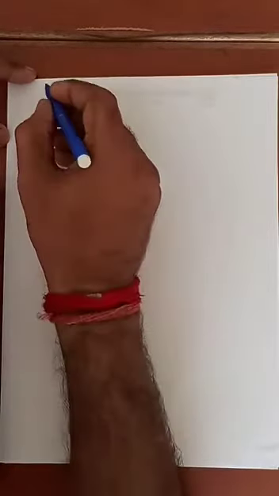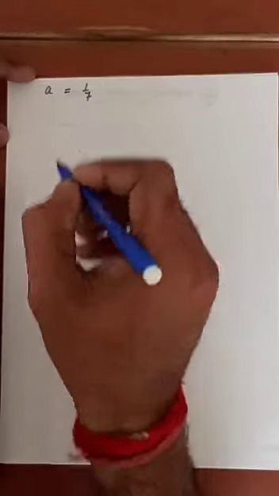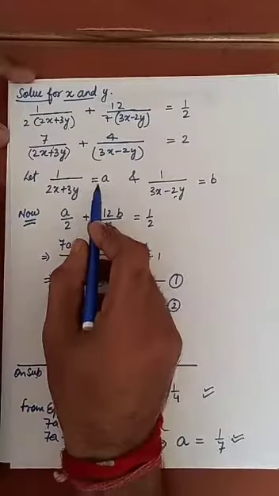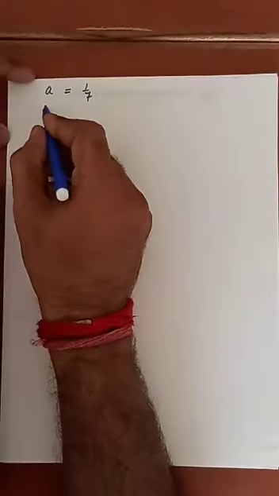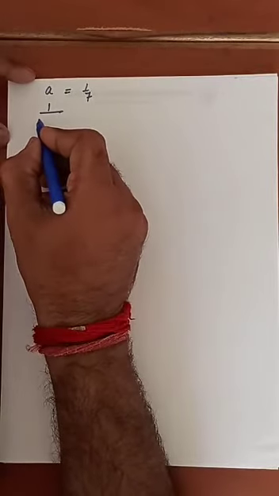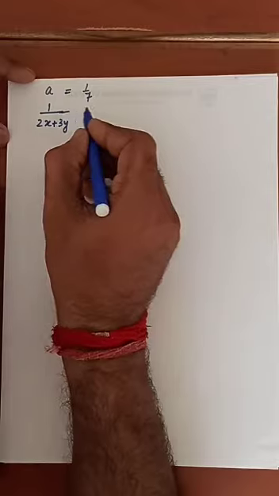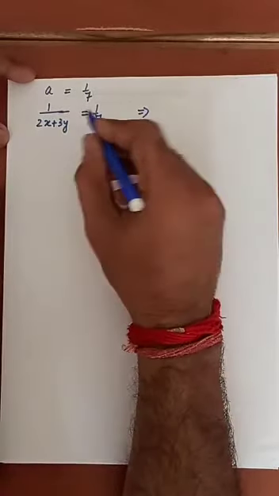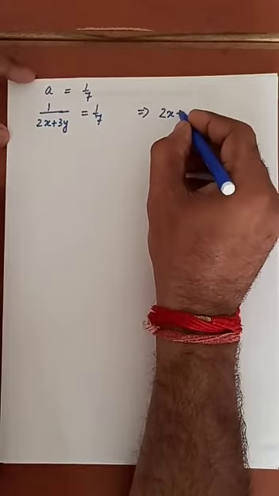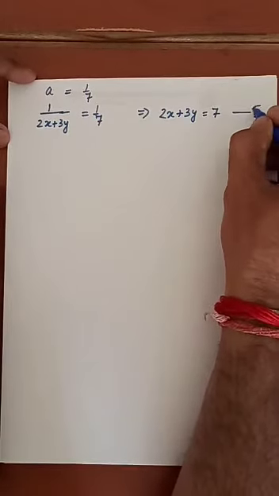As the value of a is coming 1 upon 7, and in the question you had considered a as 1 upon 2x plus 3y, at the place of a you can write the original value: 2x plus 3y, that is equals to 1 upon 7. From here cross multiply, so it means 2x plus 3y, that is equals to 7. It is your equation number 3.